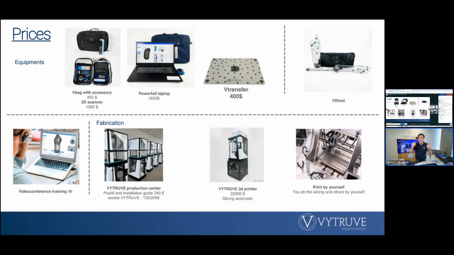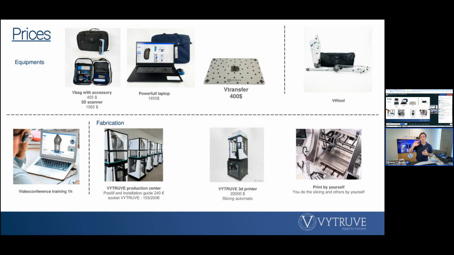Another important thing, our 3D printers are designed for the customers, because the best is to put the rolls at the top of the 3D printer, but it's complicated to build for Vytruve, so the rolls are behind the 3D printers to avoid many problems for customers. At Vytruve, we are very focused on customers to have a smooth process and avoid problems.